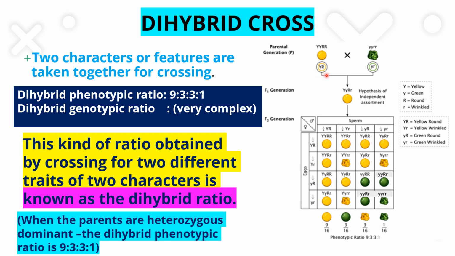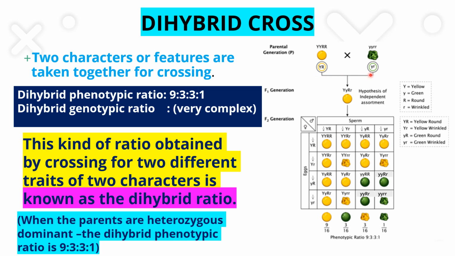Here, while representing gametes, we have to include 2 characters. Capital Y, capital R, we have to include in that gamete, but in a monohybrid cross we write only one letter there. Here 2 different letters you have to represent because 2 characters are there. In this way, you have to represent the gametes.